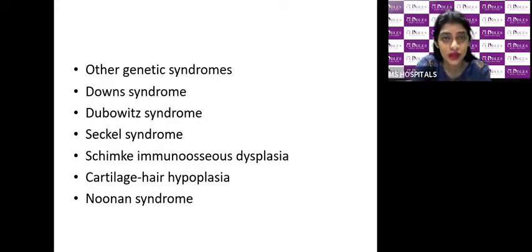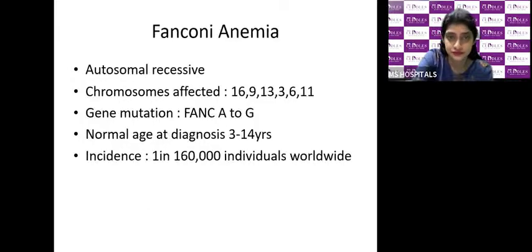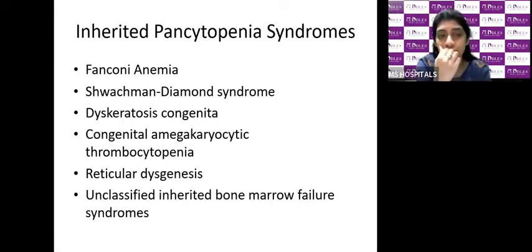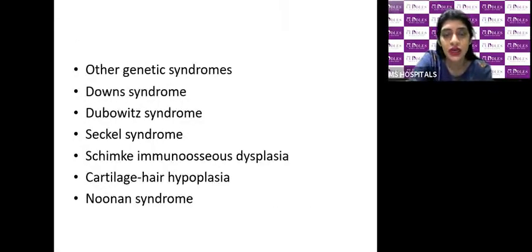Then we have other genetic syndromes: Down syndrome, Dubowitz syndrome, Seckel syndrome, Schimke immuno-osseous dysplasia, cartilage hair hypoplasia, and Noonan syndrome. So these are the inherited pancytopenic syndromes.